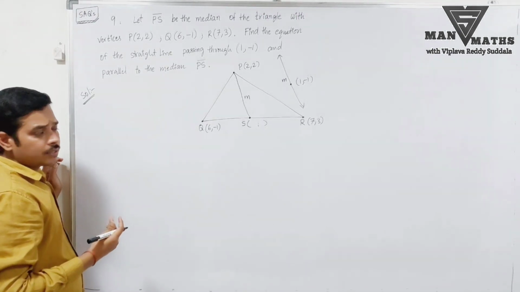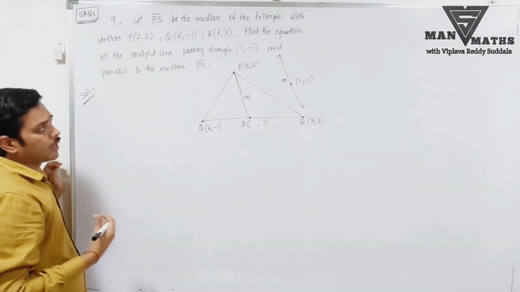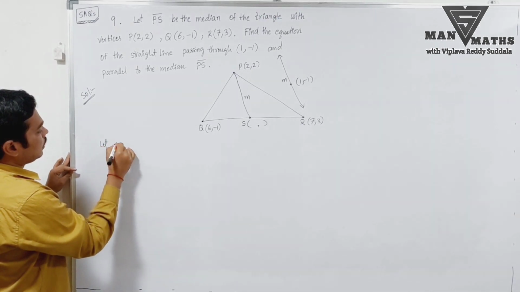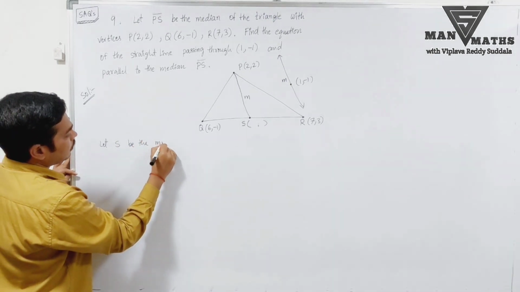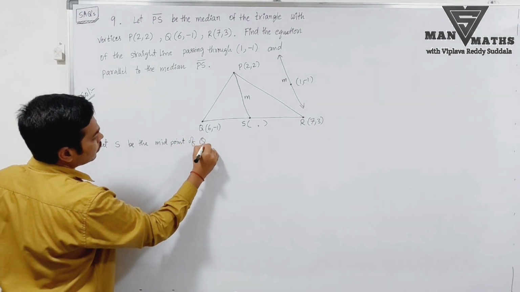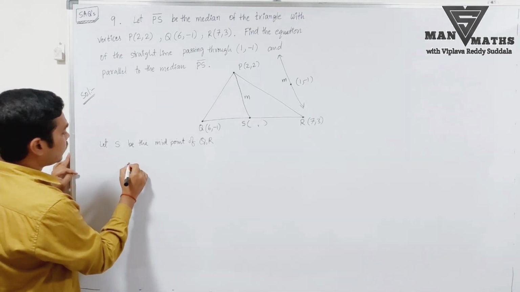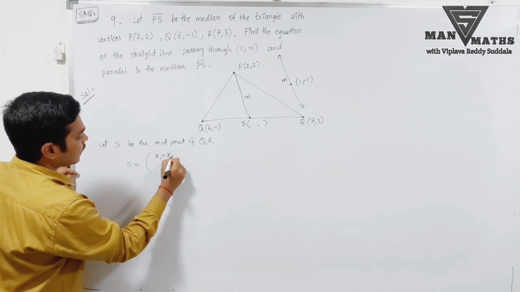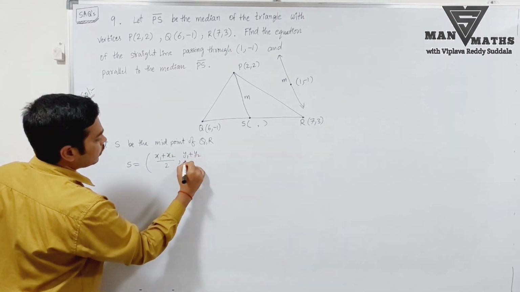After getting the S coordinates, by using the formula (y2 minus y1) by (x2 minus x1) we get the slope of PS. Let S be the midpoint of QR. What is the midpoint formula? The midpoint formula is ((x1 plus x2) by 2, (y1 plus y2) by 2).